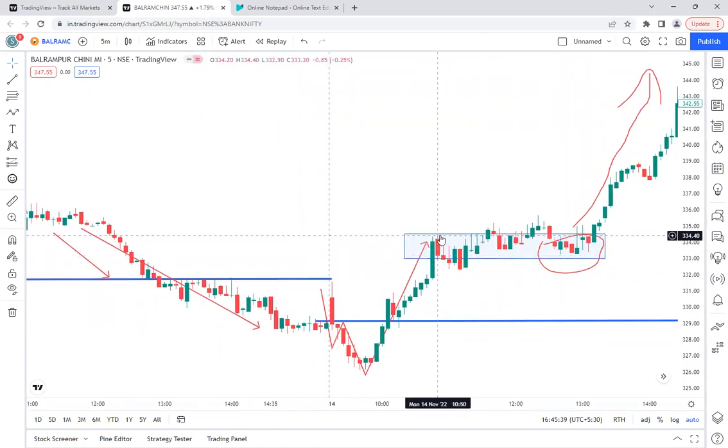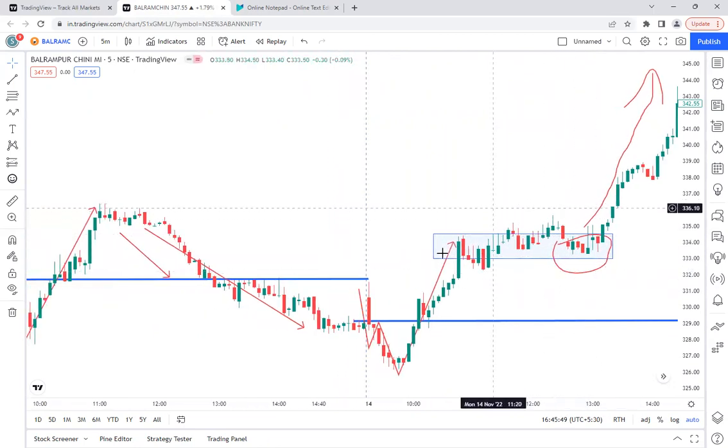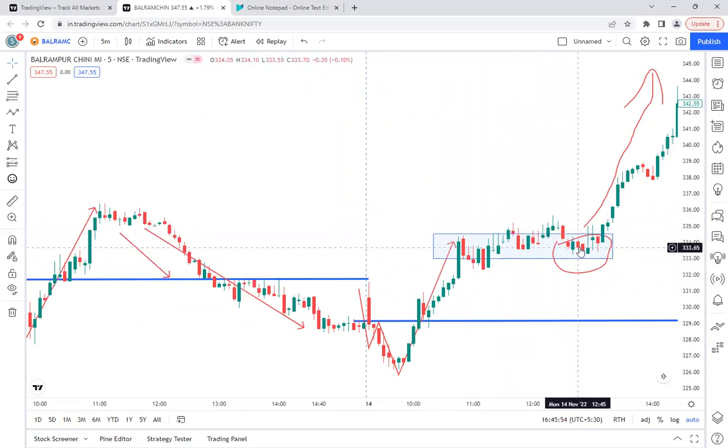If you see here, they reached up to this point, and they fell down, they tried to go up, they fell down, they tried to go up, and again they fell down. This is where traders will think the buyers are unable to go up from here, so there are chances it may fall to the support level from where it took support in the first half of the day.